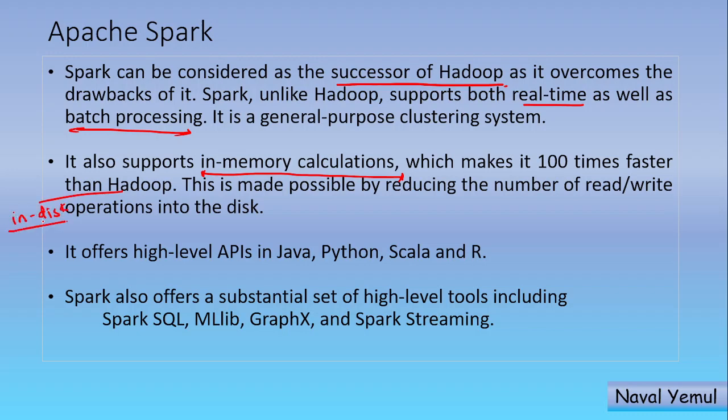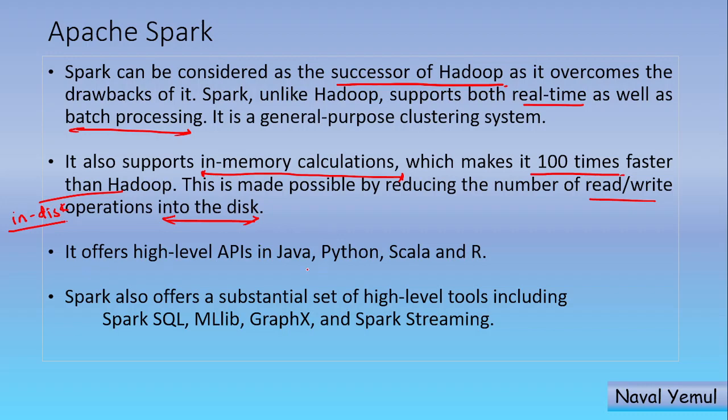We are going to see that in detail in the next slide. Because of this in-memory processing, Spark is almost 100 times faster than Hadoop in terms of memory calculation. It is possible by reducing the number of read and write operations to the disk. We will see that in the next slide.